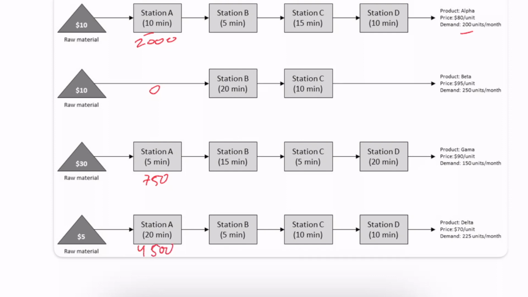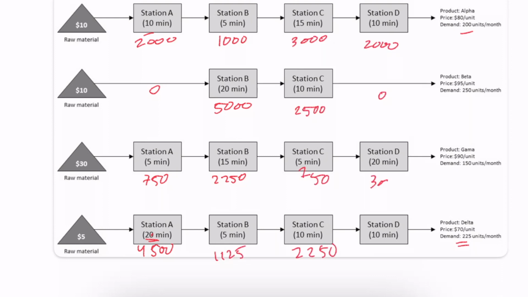Okay, so what I did here is just multiply the demand by the time we need for 1 unit, and I'm going to do this for all of them. So I'm going to have 1,000, 1,000, 5,000, 2,250, and 1,125, and for the next one I have 1,000, I have 1,500, 750, 2,250, and finally I have 2,000, 0, 3,000, and 2,250.